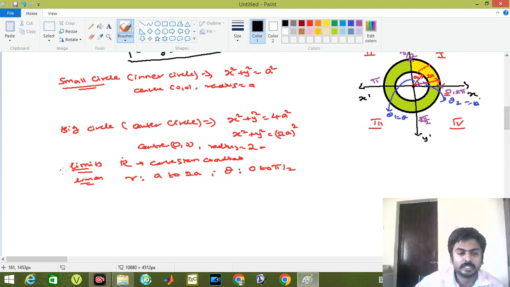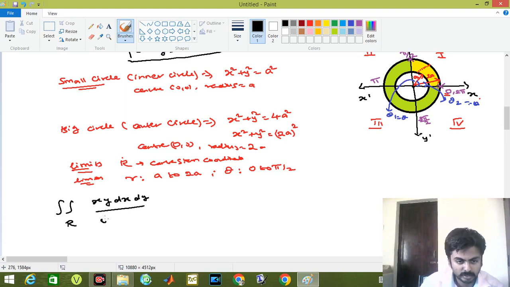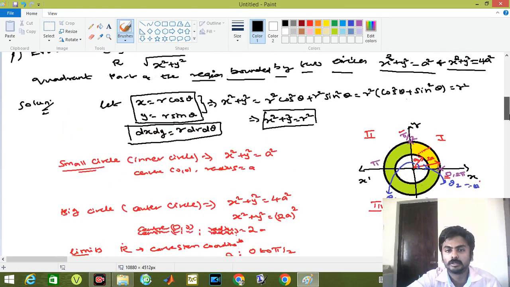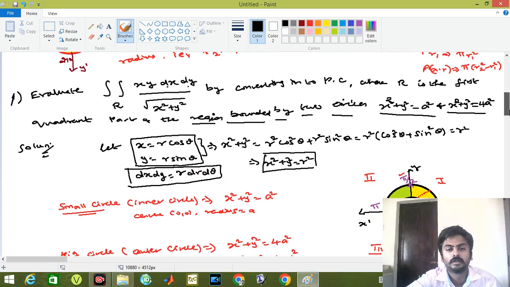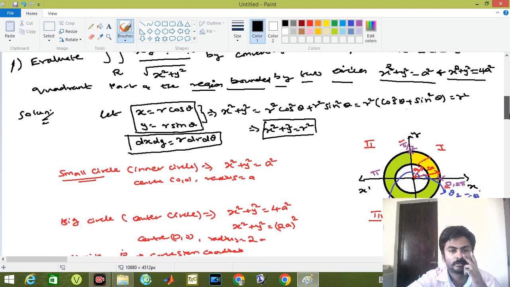They have mentioned the double integral over R of xy dx dy divided by root of x square plus y square.